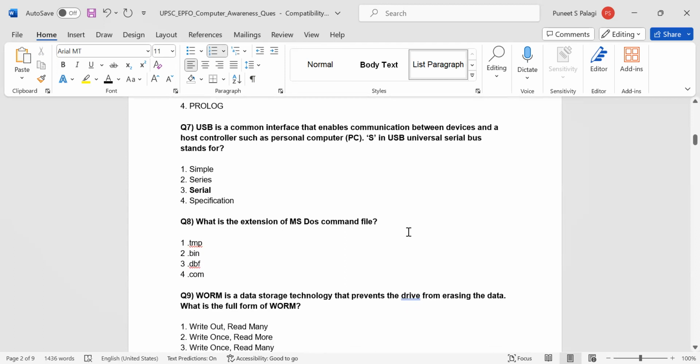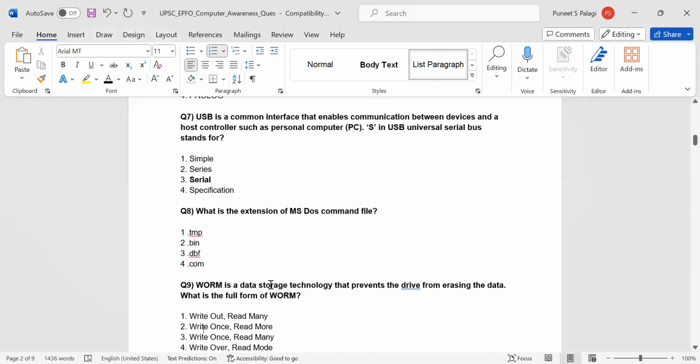Then what is the extension of the MS-DOS file? So the extension of the MS-DOS file is .com.